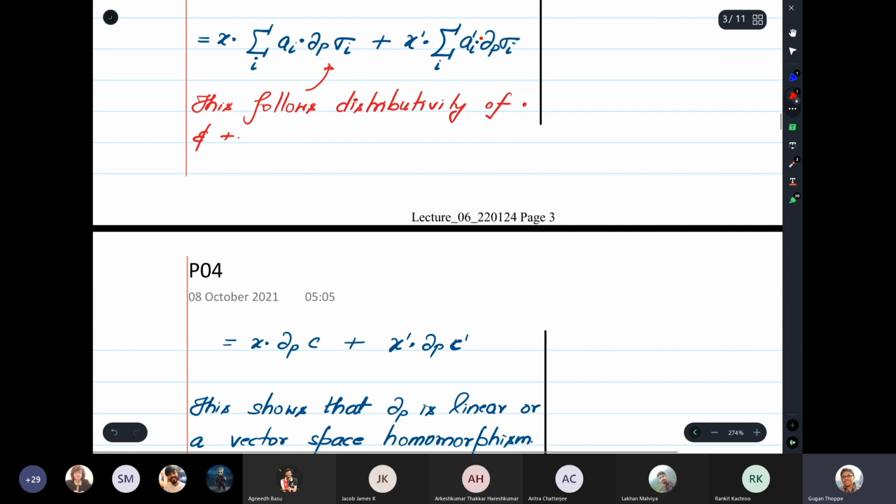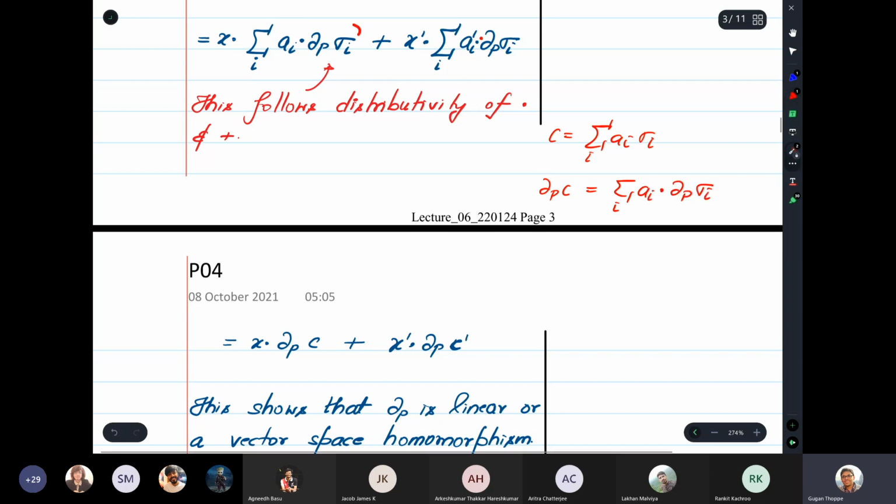But this expression that we have over here indeed is delta p of c, and similarly this indeed is delta p of c prime. You can recall that c is summation a_i sigma i, and consequently delta p of c must be summation over i of a_i dot delta p of sigma i.